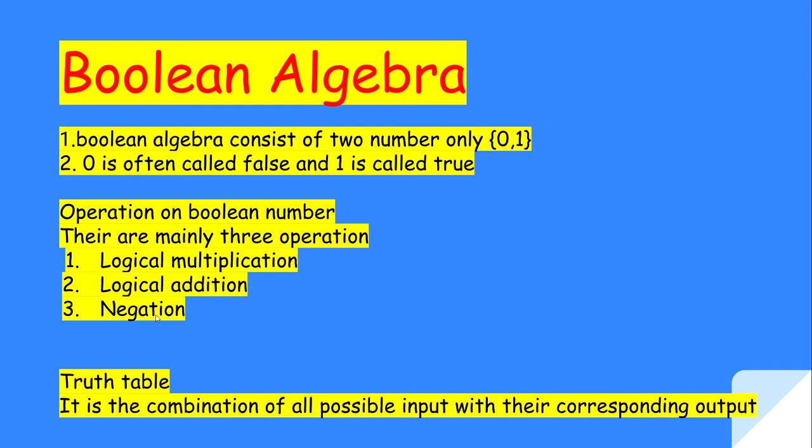We'll talk about these operations in the next slide. Truth table, you'll hear this word really often in this chapter. It is the combination of all possible inputs with their corresponding outputs. I'll tell you what this means, and let's move on to the next slide.